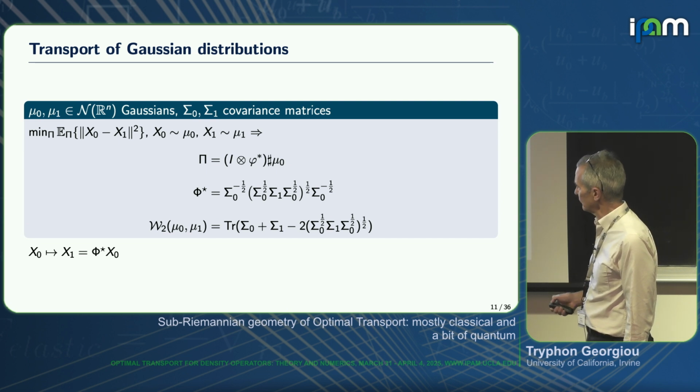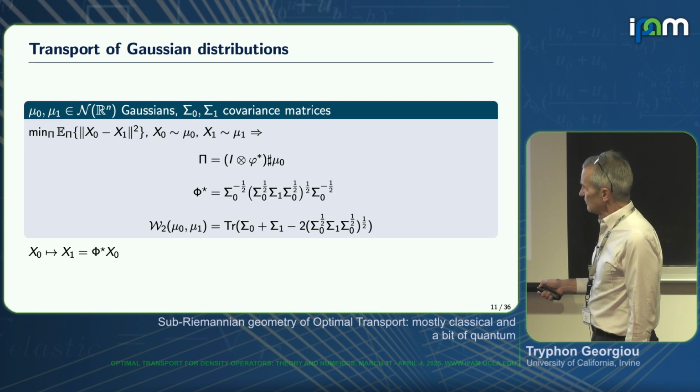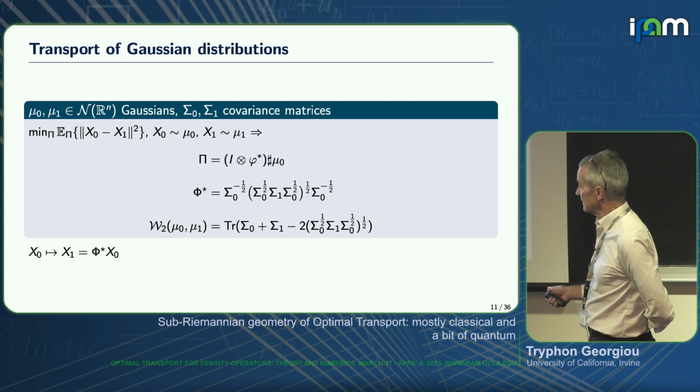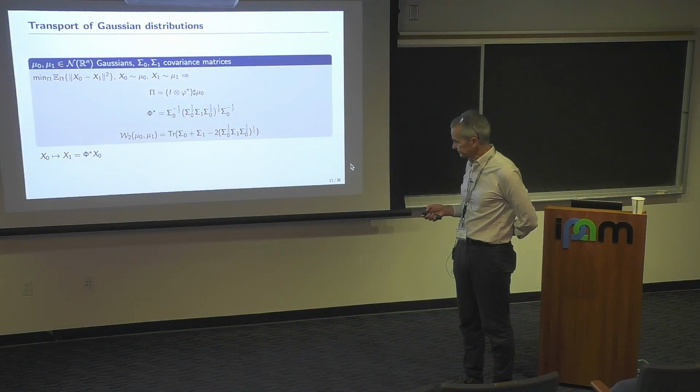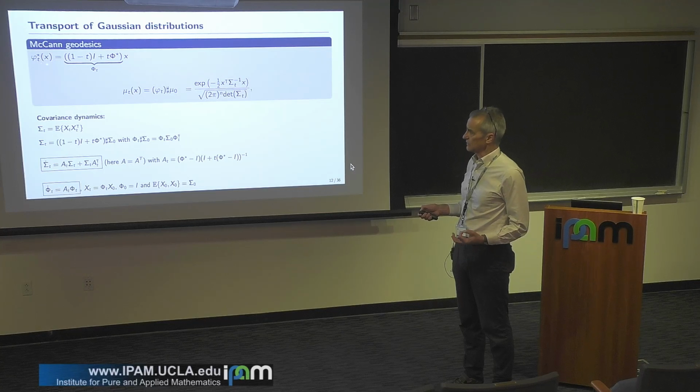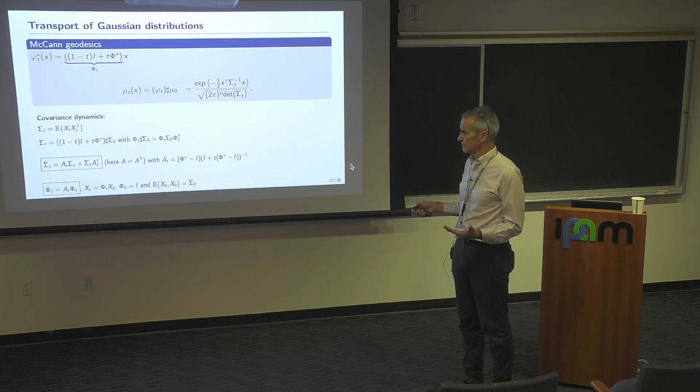This means the push forward of mu. The optimal transportation phi can be given an expression that depends only on the marginals, and the distance can be given by some expression like that, where these are covariances. Then the transport, if you are interested in what happens from the start to the end, follows McCann geodesics. So individual particles are transported by this phi, which can be given a closed form expression like this.